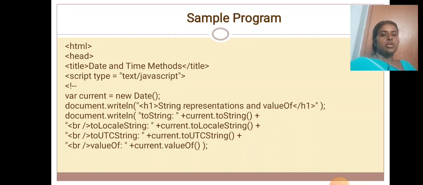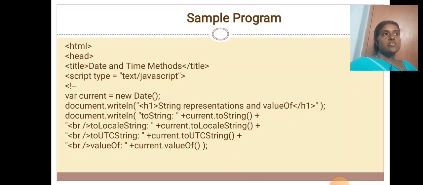Next we are going to call the methods one by one and display the results. First are the string representation and valueOf methods. The first method is toString. What I want to display as a result is toString.